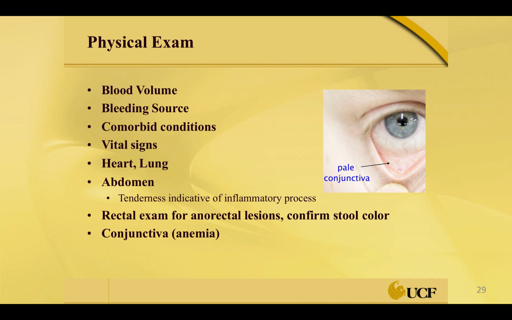And the abdomen, whether the patient has tenderness, because that will be indicative of inflammatory processes. Pale conjunctiva points to anemia. Remember, we said there is an insidious form of lower GI bleed that occurs with certain chronicity. Rectal exam for anorectal lesions confirms stool color. And again, the conjunctiva for anemia.